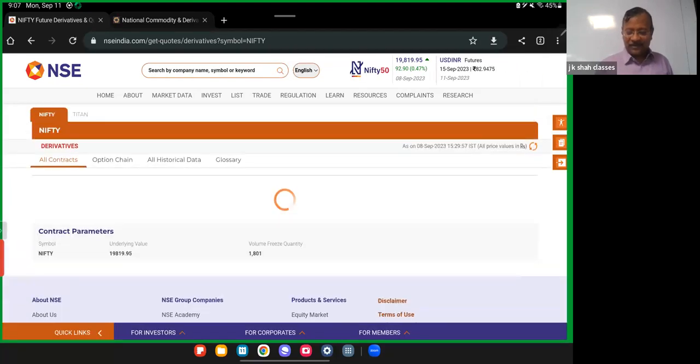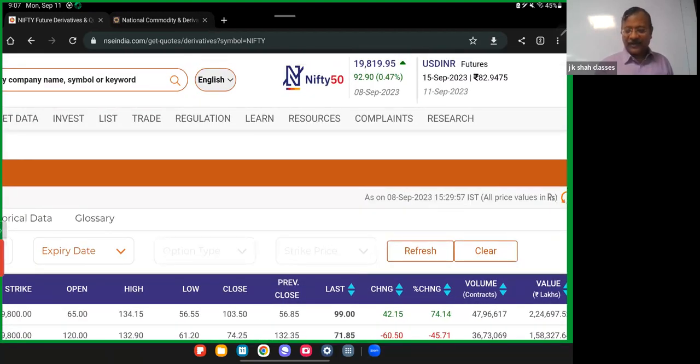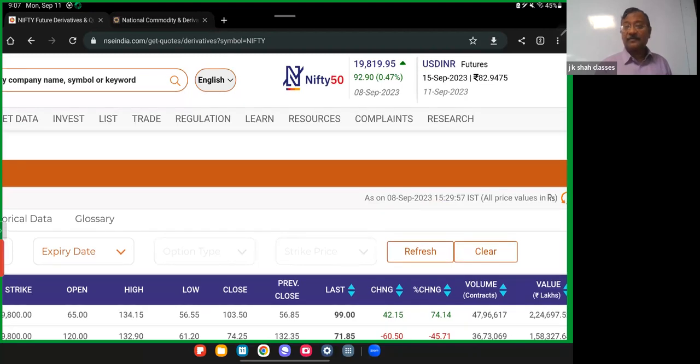अच्छा, even this here. You see this? The price यहाँ पे, besides that Nifty value 19819, what is that? USD INR. Unlike what is taught to us, rupee dollar.